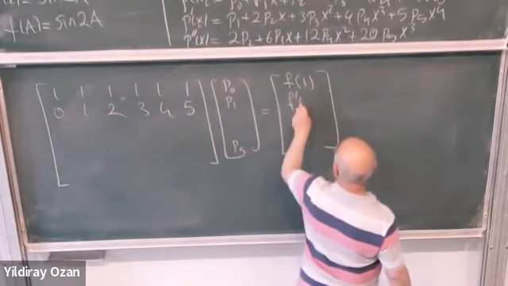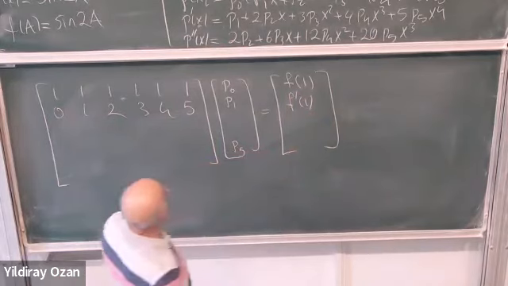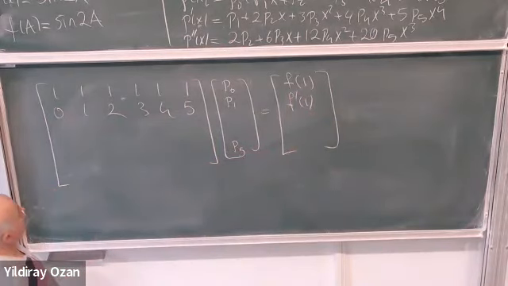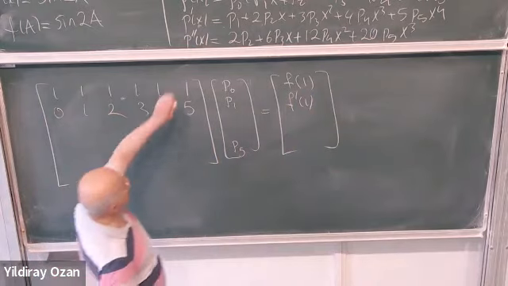Here I have the row for 1. And then we have P of minus 2. I have this equation.